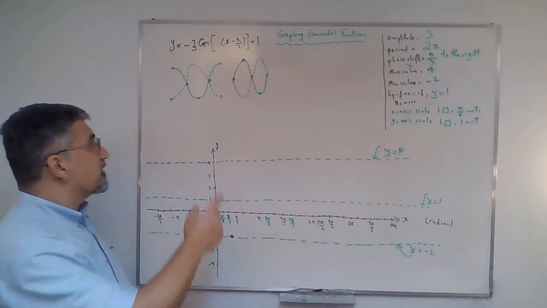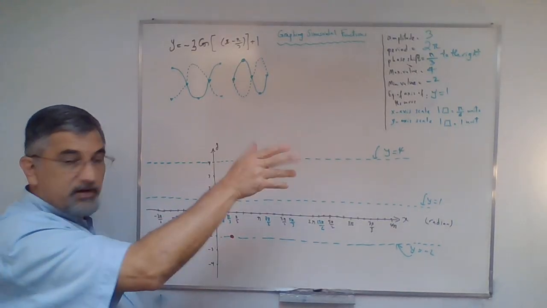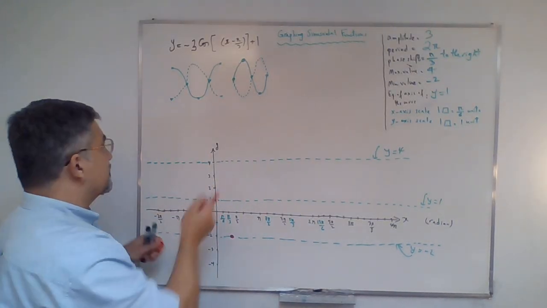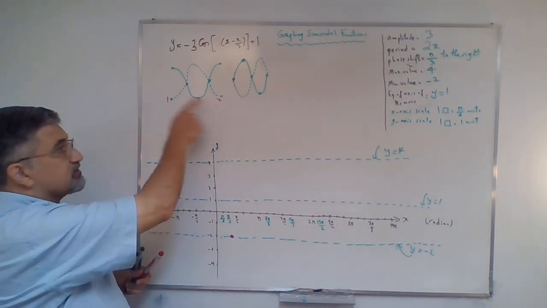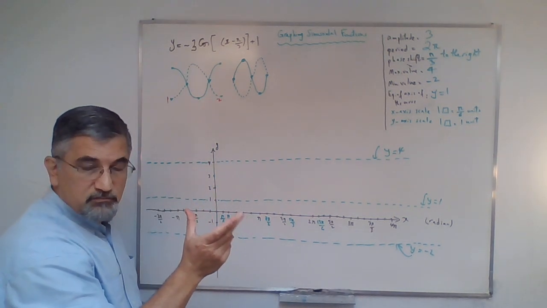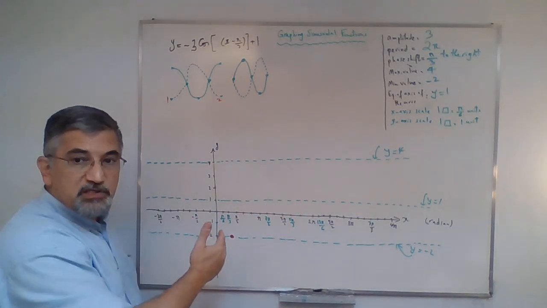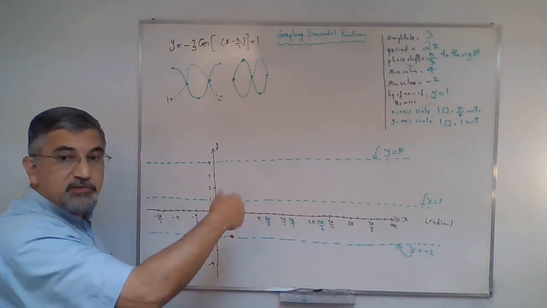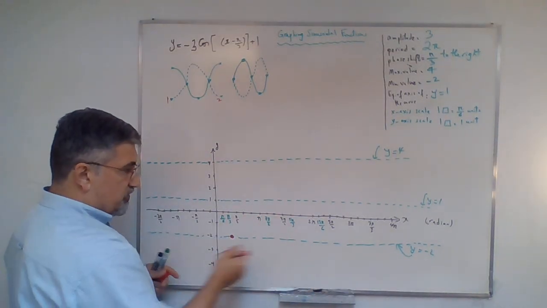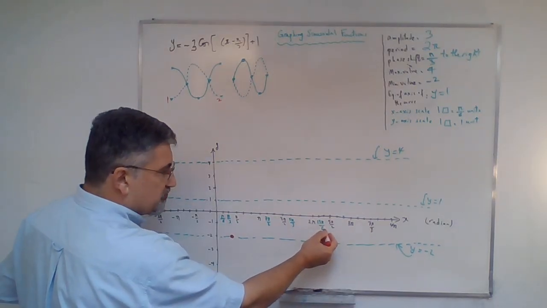Now, the next point after this one, I'm going to go to the one that is at the far end. So I did this first, and then I'm going to do this one. That's number 2, and that is by the amount of the period. Period is 2 pi. So by 2 pi units, I have to move to the right from this point to plot the next point. 2 pi is right there. 2 tick marks to the right of it would be 14 pi/6 or 7 pi/3.